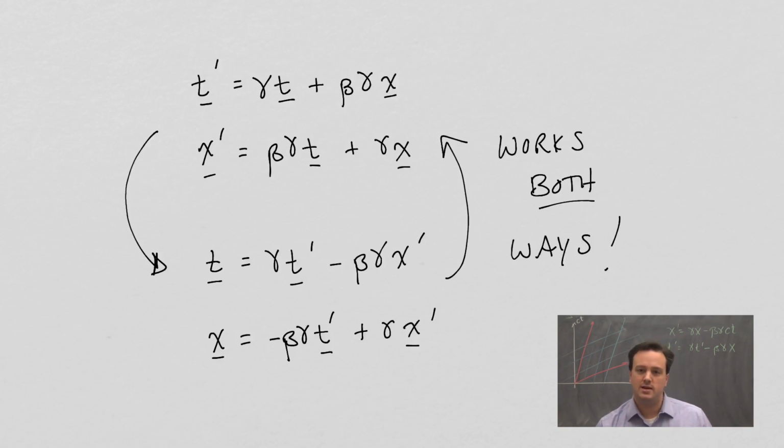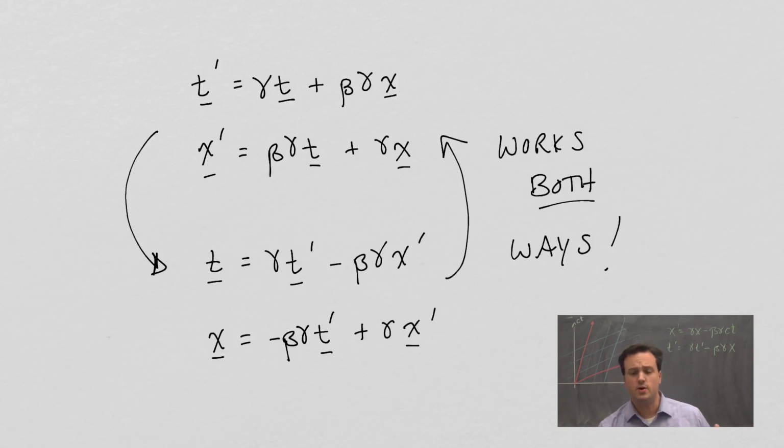But how I've written it here, with the prime coordinates going to the right in the unprimed frame, I have a transformation for my two primed unit vectors in terms of my unprimed coordinates, which I can then redefine as the transformation for the two unprimed unit vectors in terms of the primed coordinates. And that minus sign that appears in the algebra that you would have to do to combine these equations is exactly the same statement that you can just switch the sign of beta if you think about the reference frame going in the opposite direction.